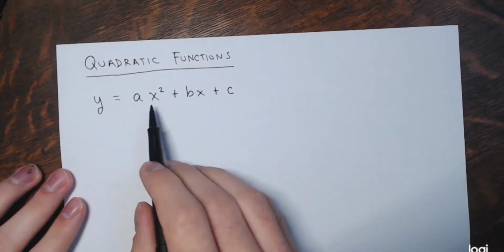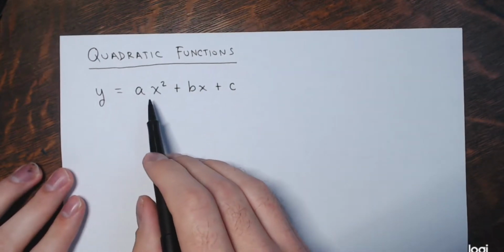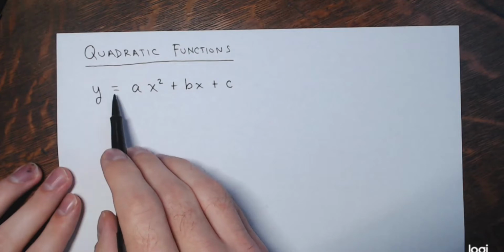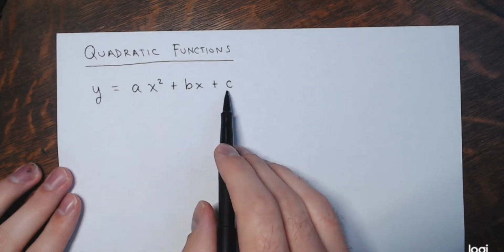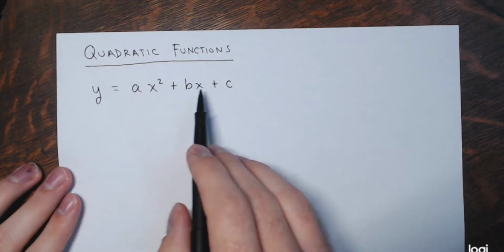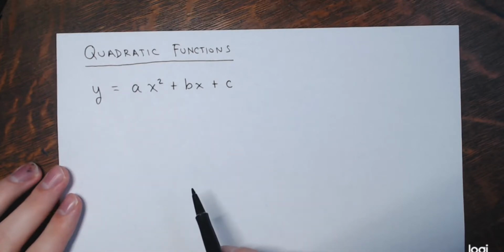Remember, x here is the input variable, y is the output variable. And if your output variable is equal to a quadratic polynomial, then they call this a quadratic function.